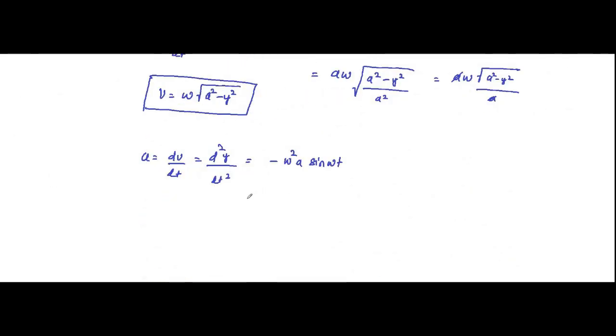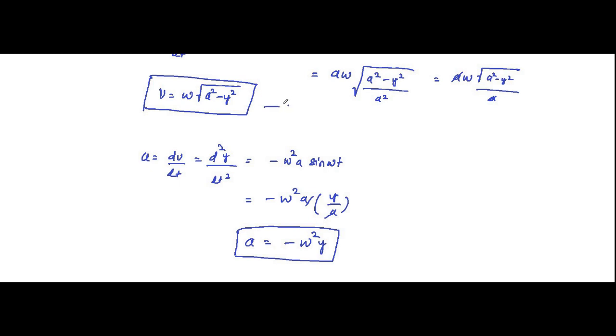So it will be minus omega square a into y by a, a will get cancelled, so it is minus omega square y. That is the value of acceleration. So these two equations, velocity and acceleration, are very important.